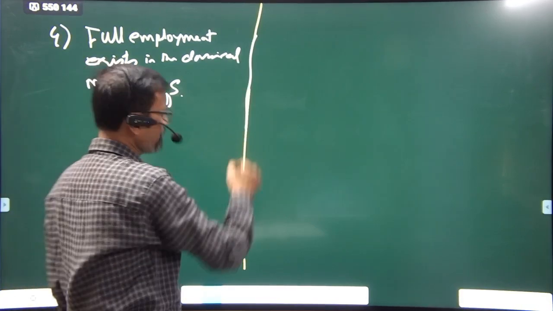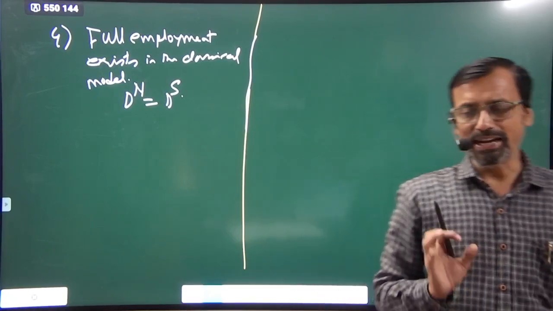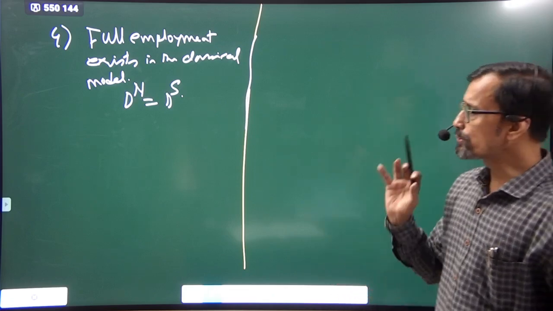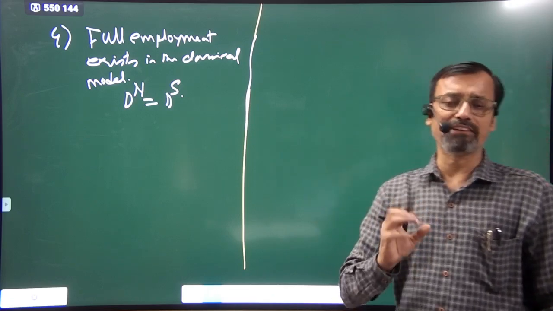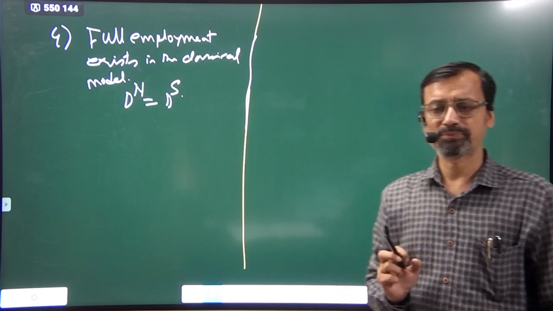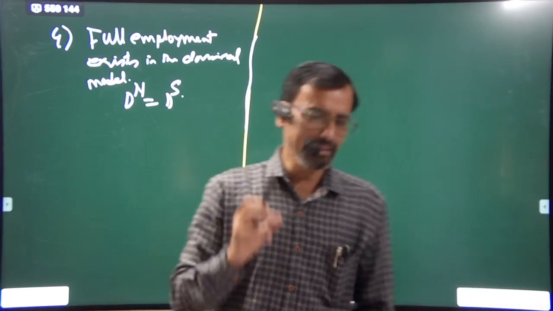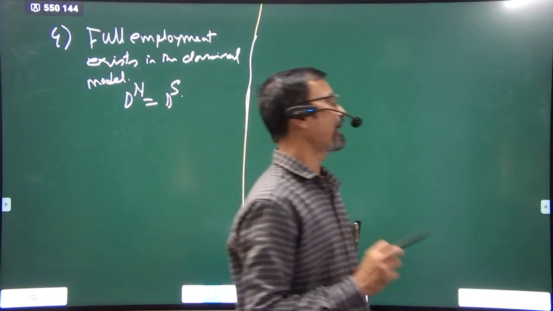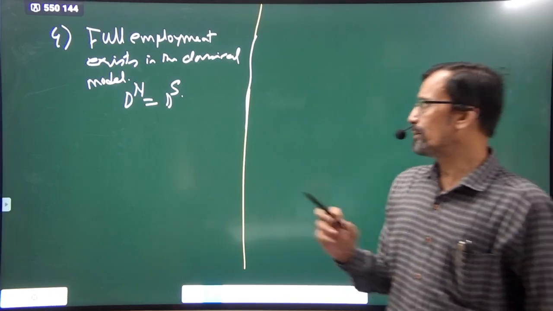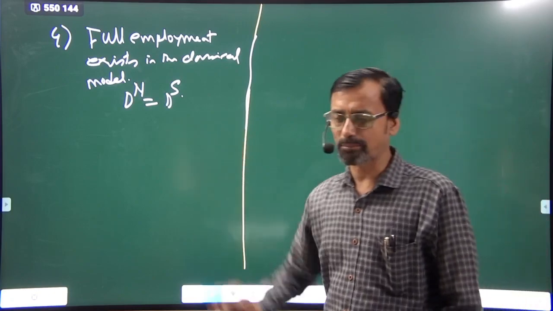One thing you must remember here: full employment does not mean that all the workers are employed. It shows just the clearing of the labor market. That is, demand is equating supply. When we talk about full employment in the classical model, we simply understand the labor market is cleared with the help of market forces, that is demand and supply.